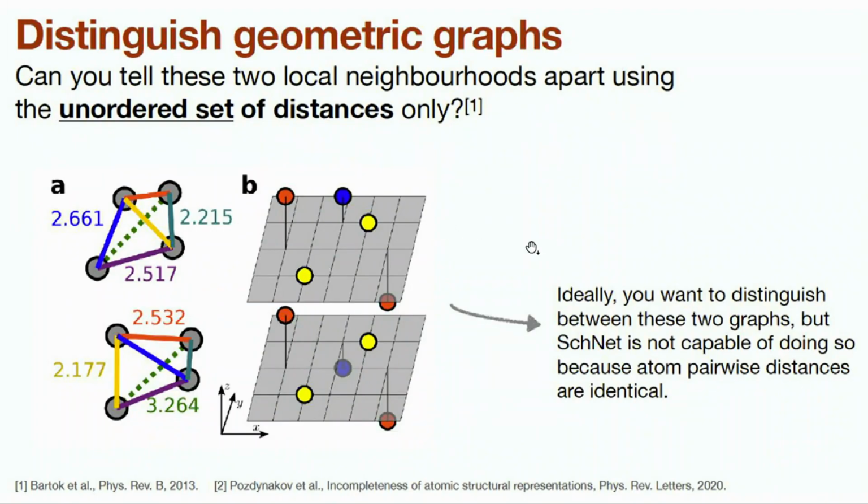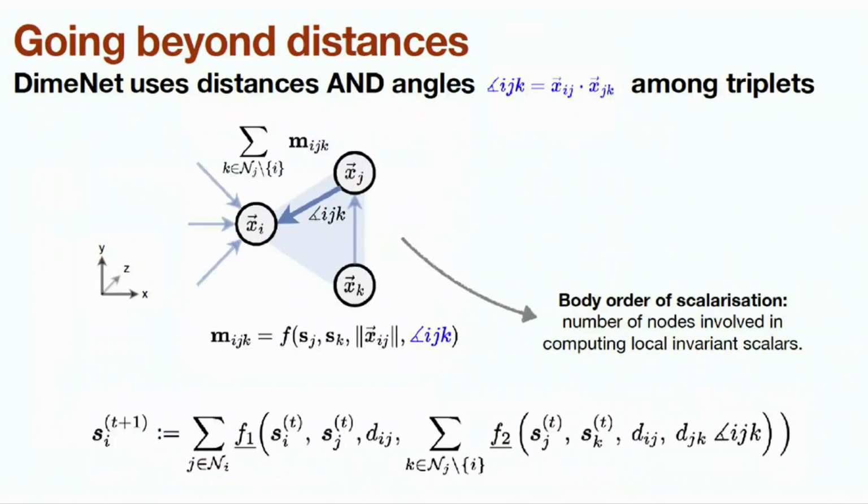So how can we handle this better, right? An extension is, instead of considering only pairwise distances, we now involve three-body scalarization, where instead of just computing the pair, we add a third point, which is the two-hop neighbor of the point that we're considering.